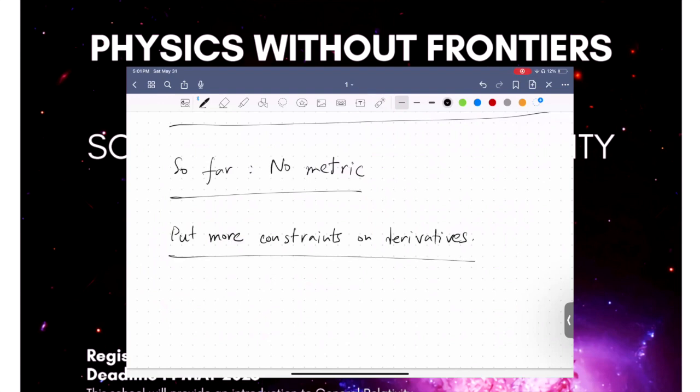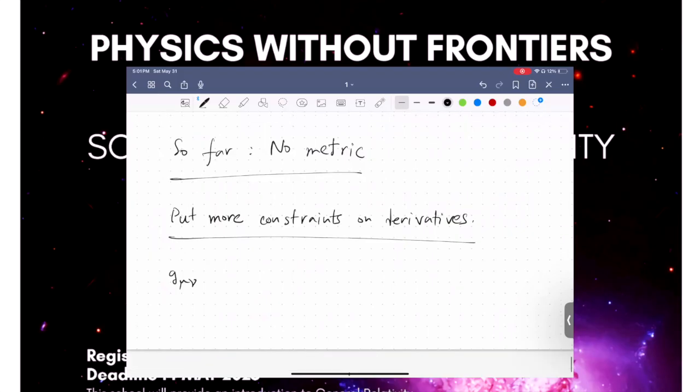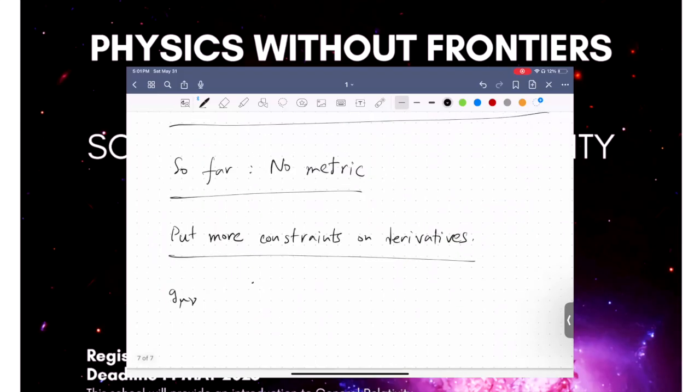So when we have a metric on our spacetime, we will put two more constraints in addition to the two that we already have. Actually, even before that, we are going to put some constraints.